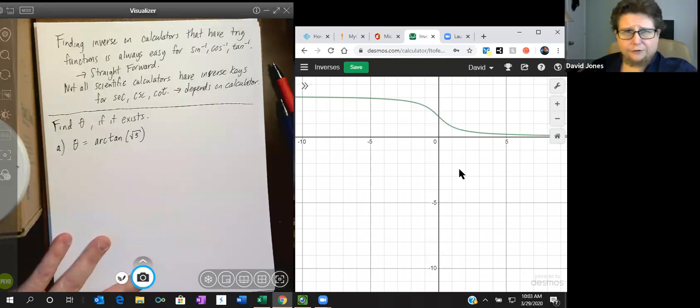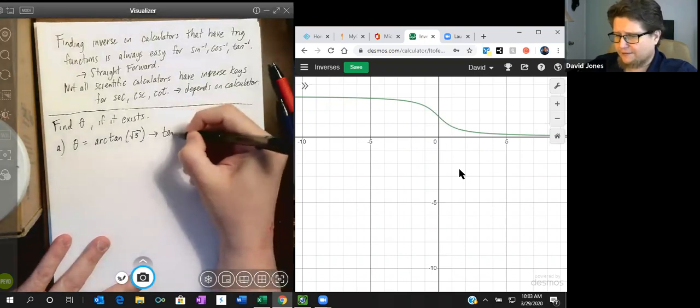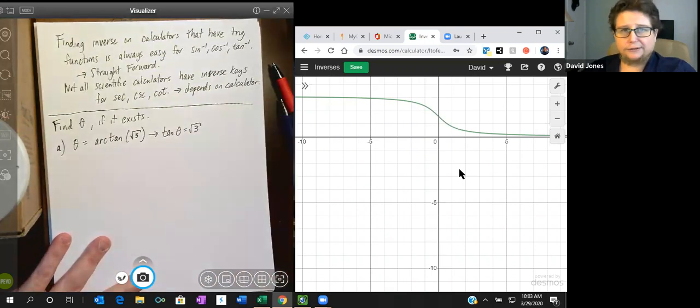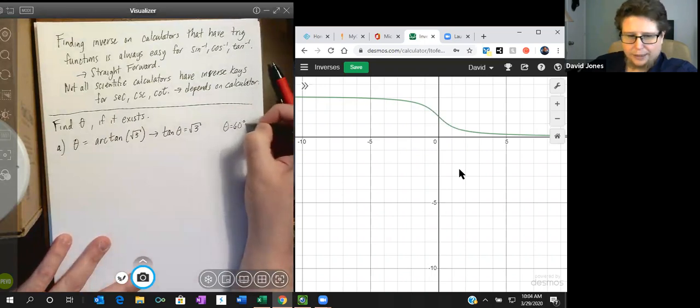Hopefully by now you're feeling comfortable going, maybe I should rewrite this and say tangent of theta equals root 3, and where does that occur? We look at our tangent function, theta has to equal 60 degrees or pi over 3.